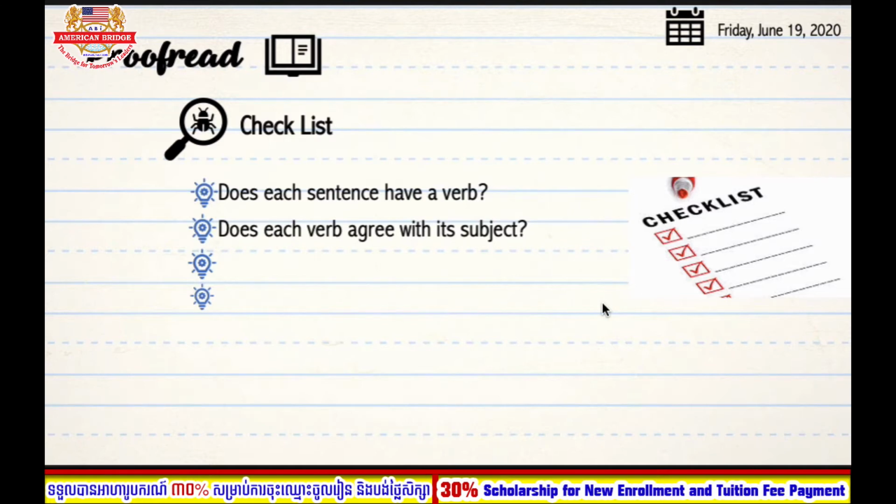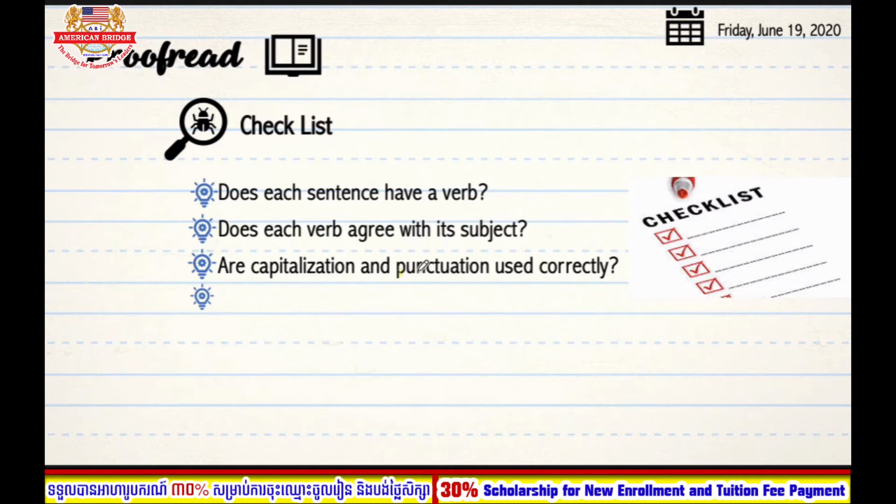And the third one, make sure you check all your letters, all your words, are they in the right capitalization? Are you using the right punctuation? Make sure you end your sentence with proper punctuation based on the type of your sentence. Let's say if you ask a question, what punctuation should you use?